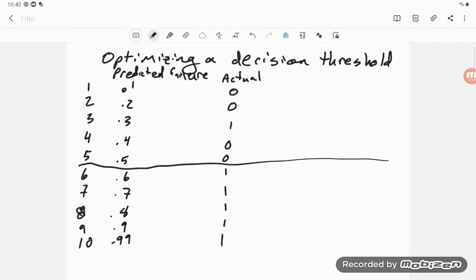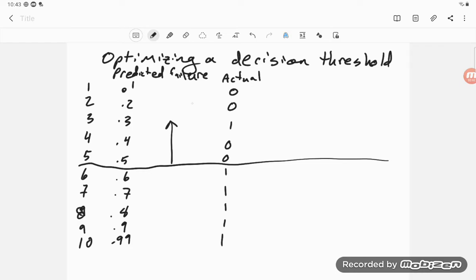So if we pick 0.5 as the threshold, then what we see is, in this particular case, and we'll do another example, partly because I think 0.5 is going to turn out to be the best answer here. But let's look at what we get right. Okay, so if you're below 0.5 on the predicted failure, we're going to go ahead and let you do the kidney transplant.